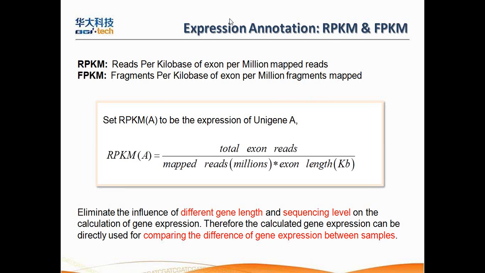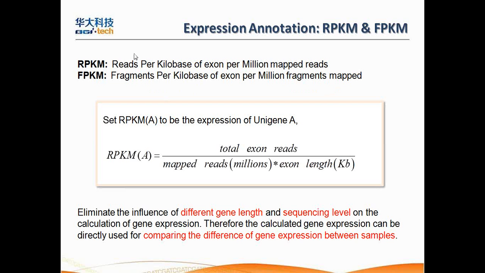And another thing that is of a lot of importance in this de novo transcriptome sequencing is trying to figure out the expression level of one gene. Normally, in our projects, we use RPKM or FPKM to represent expression level.